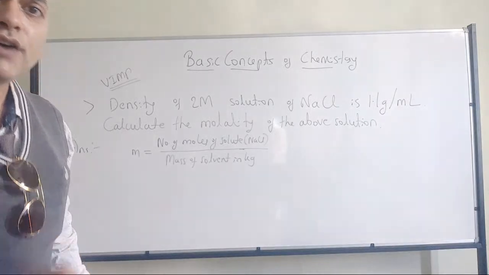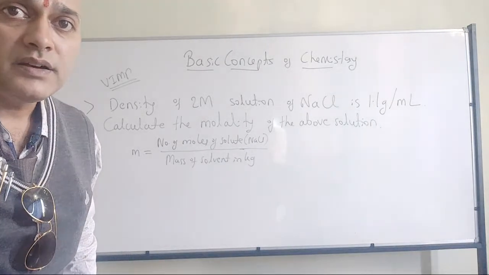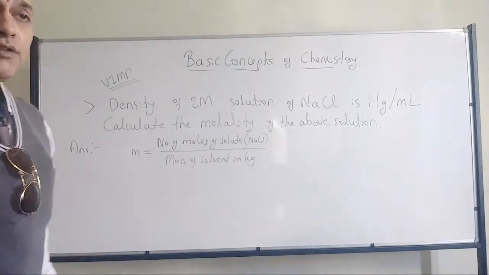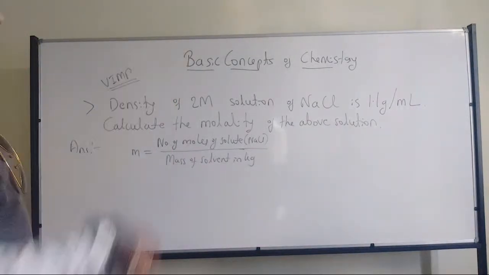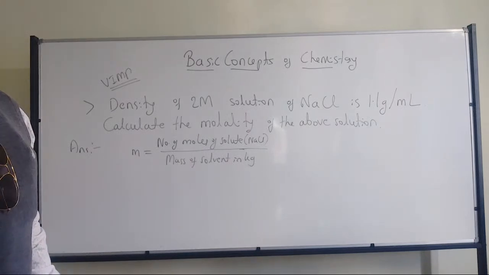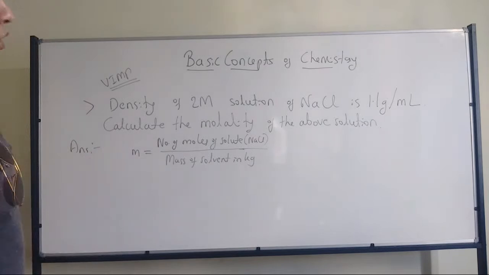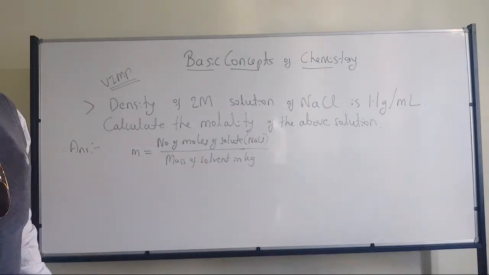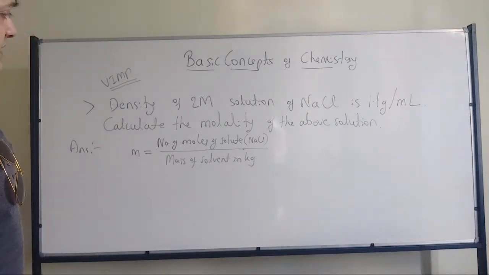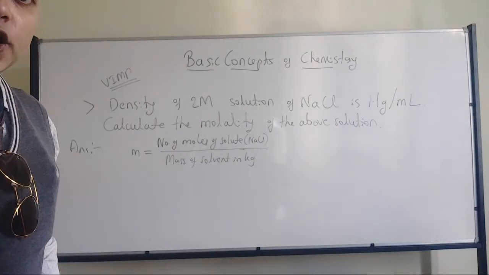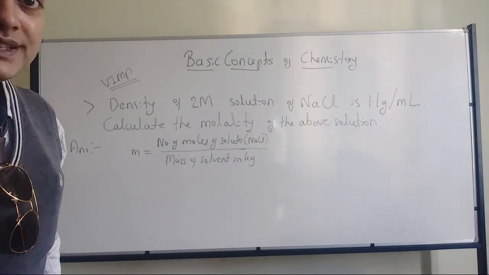Can anyone tell me? Yes, Yagnesh, that is related to density: mass by volume. So 1.1 gram divided by 1 ml. That is mass by volume. Now this equation is related to molality. Whether we know the numerator, the number of moles of solute of NaCl? What is that value?